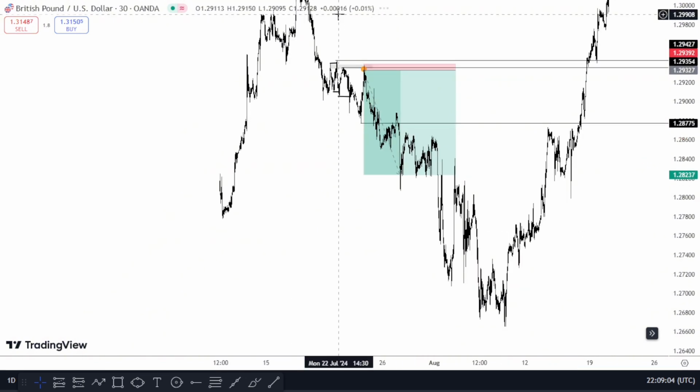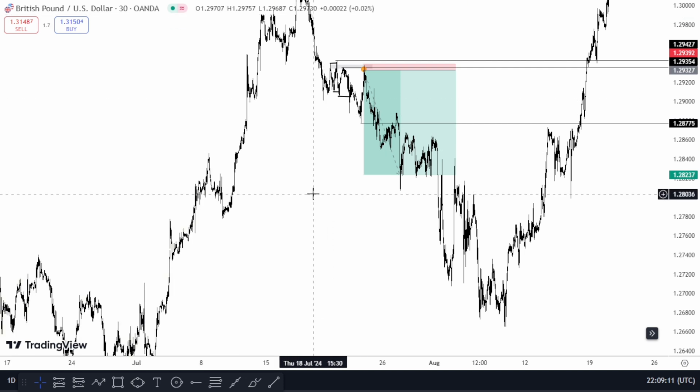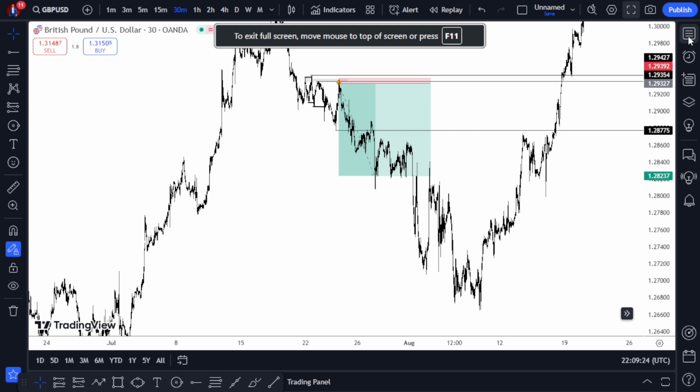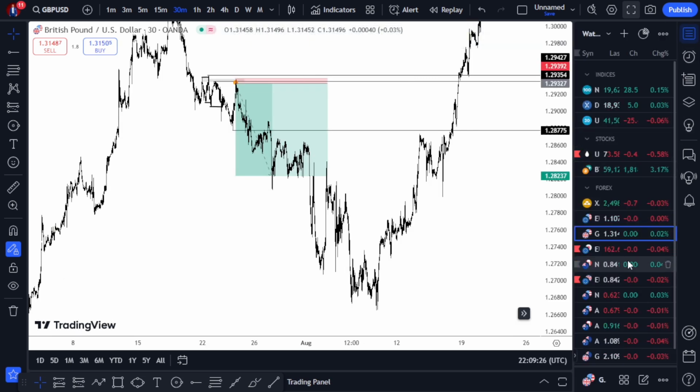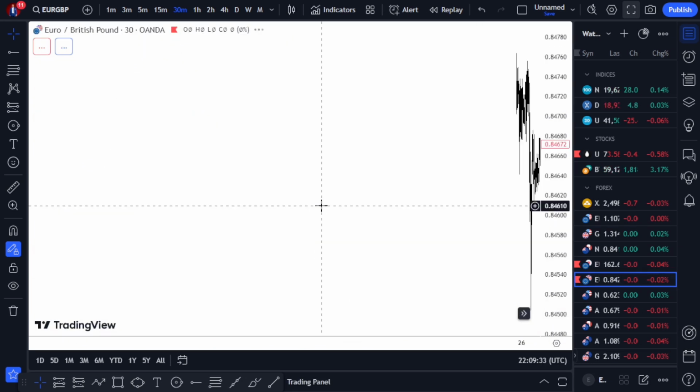So another reason why I think you need to, we have looked at how to actually identify a PY. Let's look at one more example. So right here, I just want to bring my Euro GBP chart, guys, so that we can go through it together.